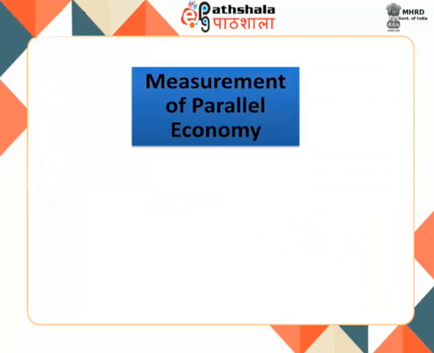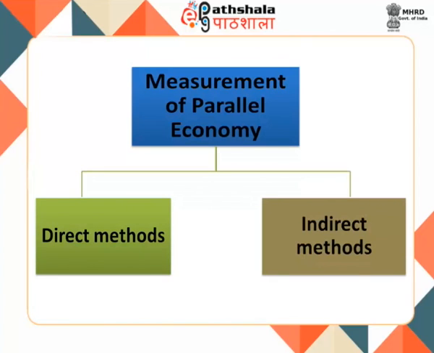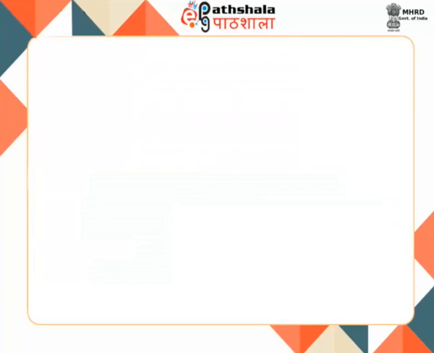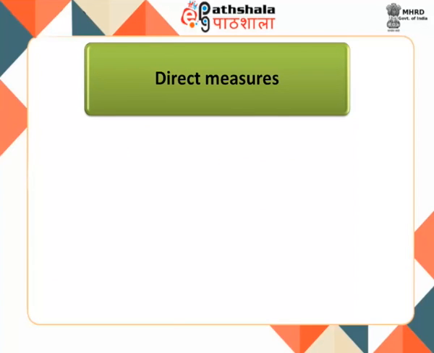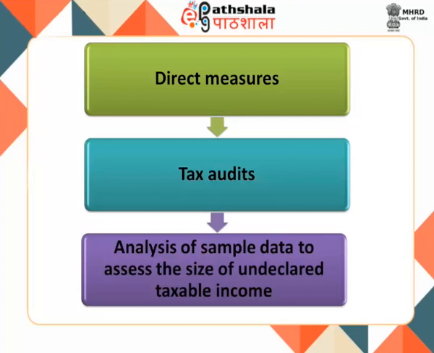Measurement of parallel economy. Policymakers and analysts can use direct and indirect methods to measure the size and volume of a parallel economy. Direct measures include tax audits and analysis of sample data to assess the size of undeclared taxable income.